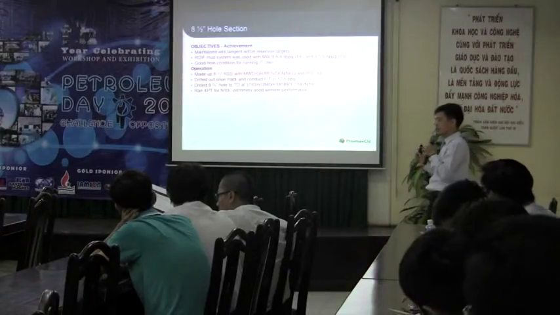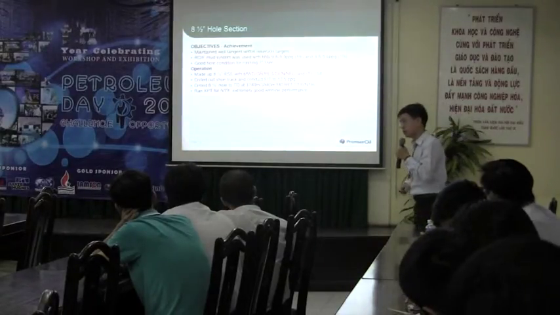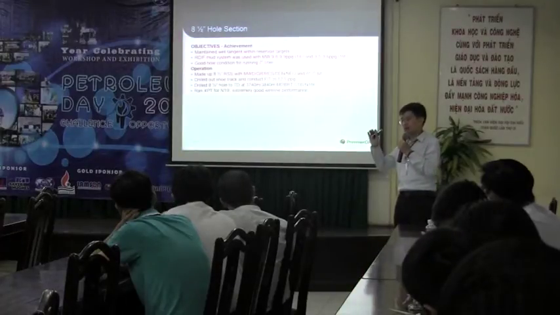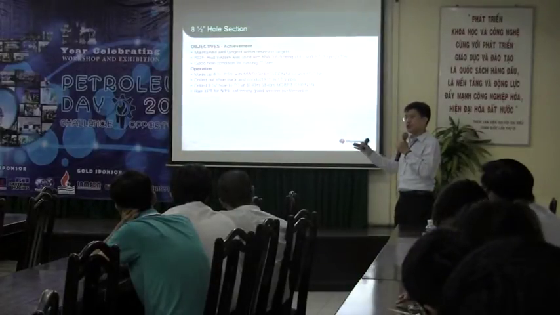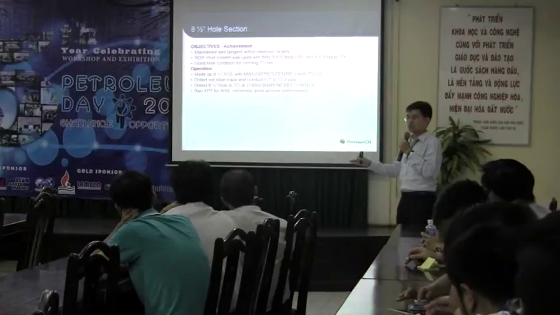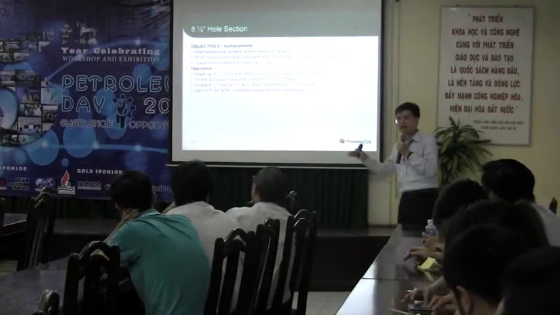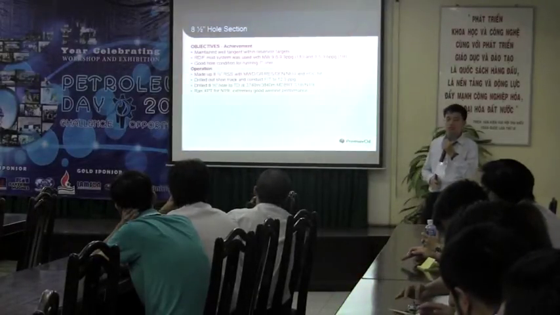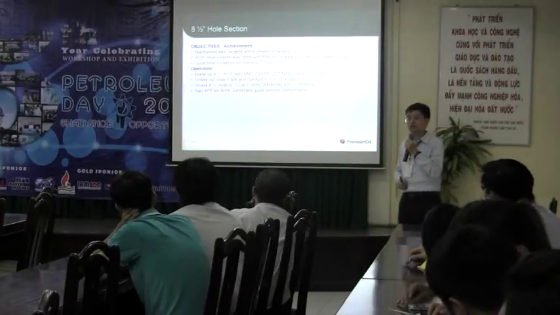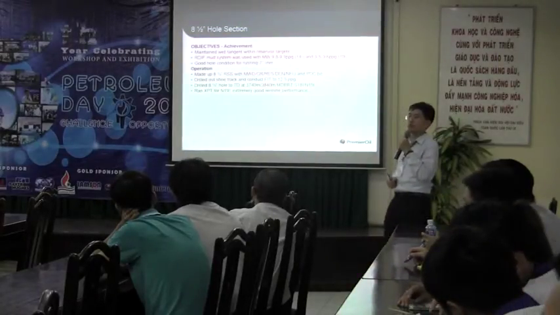The difference between the production hole and the intermediate hole is that we are dealing with the reservoir section. So if you damage anything in the formation, it means you have much less time to recover all the oil from the formation.